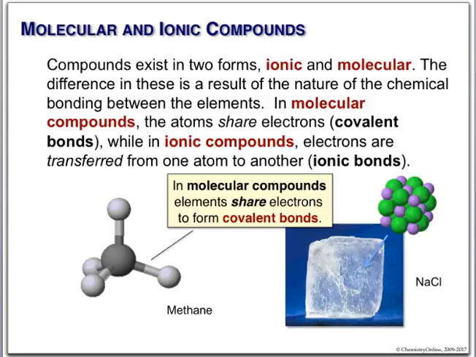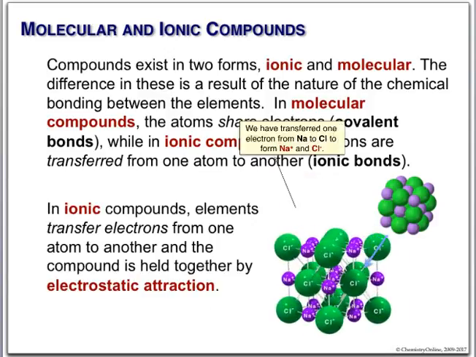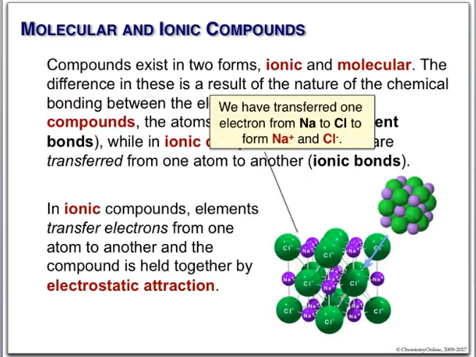The other option is here. This is sodium chloride. What we do here is transfer an electron from sodium to chlorine. Now remember, that makes sodium happy because it now has a noble gas configuration. And chlorine gains an electron that gives it 8, and it's happy. So sodium is +1, chlorine is -1.